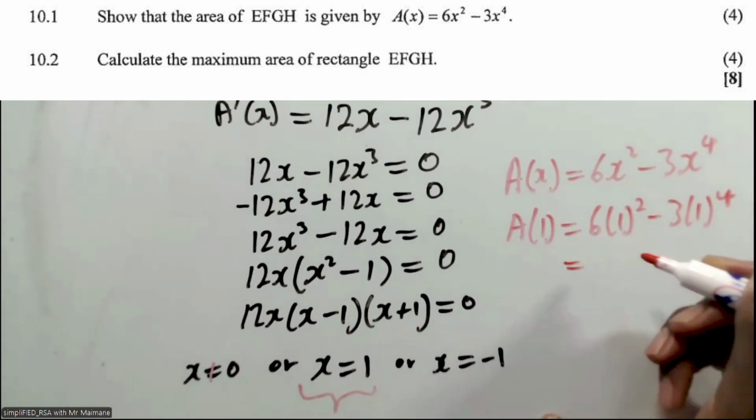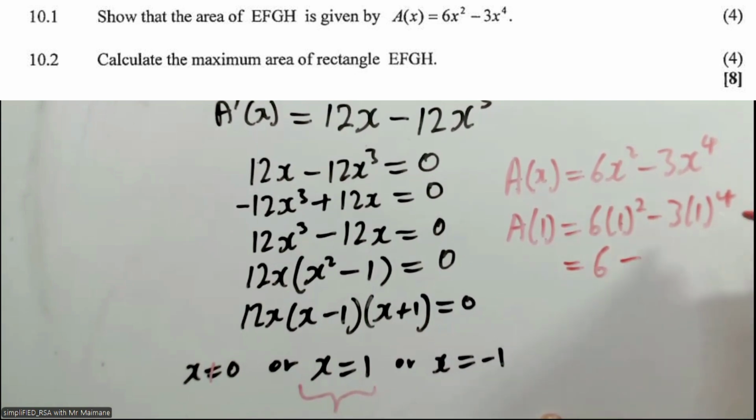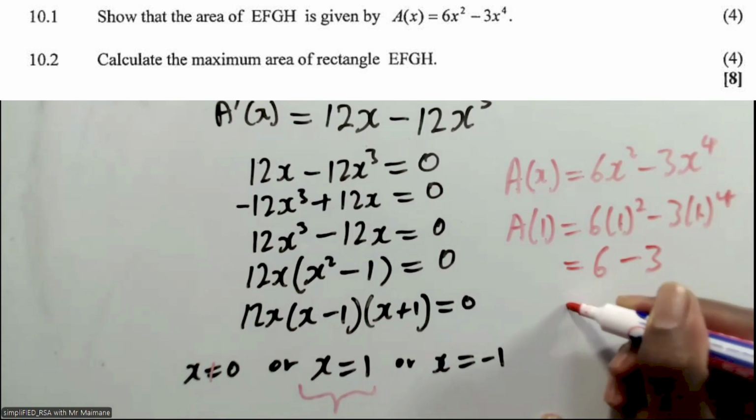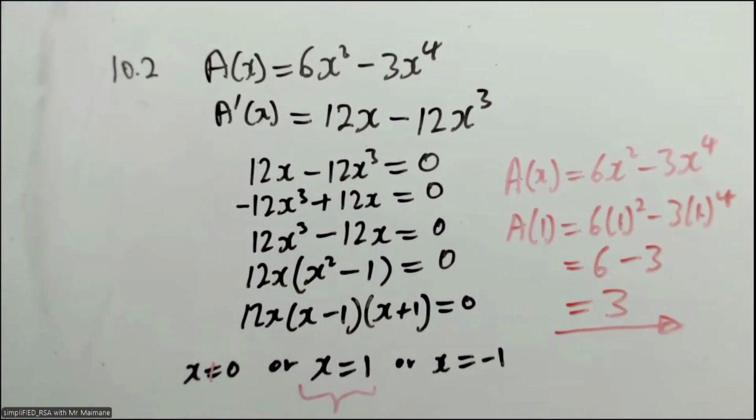If I simplify this, 1 squared is just going to be 1. So I will have 6 minus 1 to the exponent 4 is also going to be 1. So it's going to be 6 minus 3, which makes the maximum area to be 3. That's what you get. So the maximum area that was required, the maximum area for rectangle EFGH, is 3.